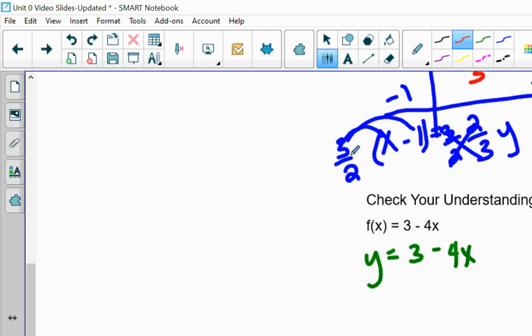Switch x and y, so we get x equals 3 minus 4y, and then solve for y. Subtract 3, x minus 3 equals negative 4y. Divide by negative 4 on both sides.